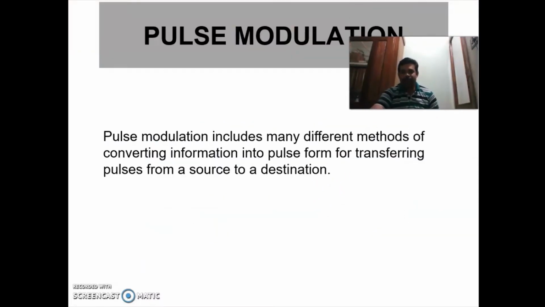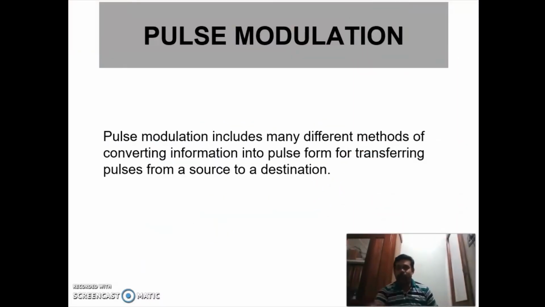Now we are going for pulse modulation. This is what we need. In our experiment, we are going for pulse modulation, that is pulse amplitude modulation and pulse width modulation. These two things we are going to see. First, what is pulse modulation?